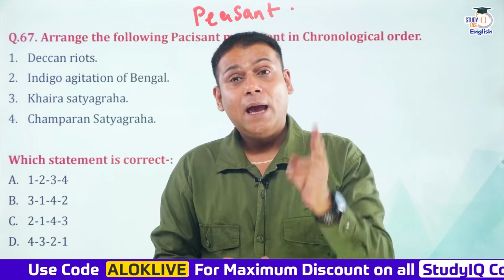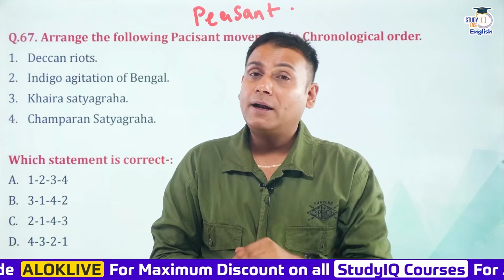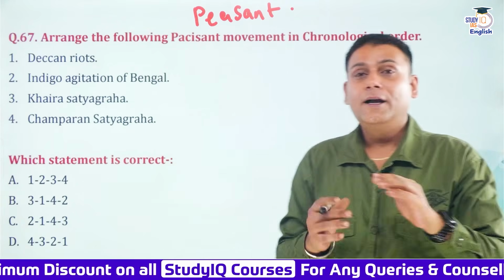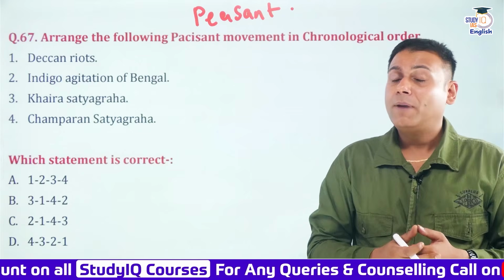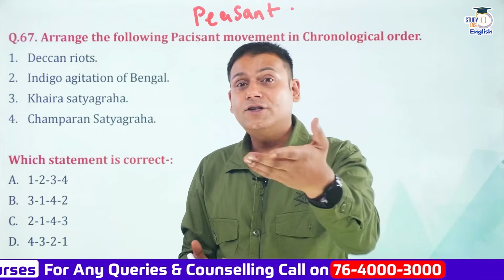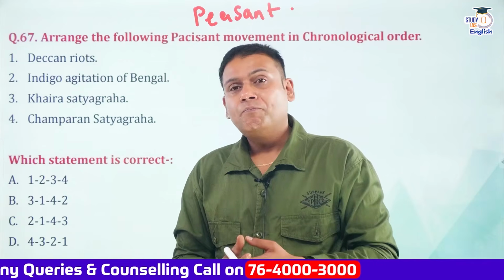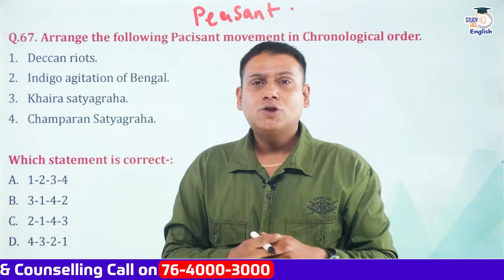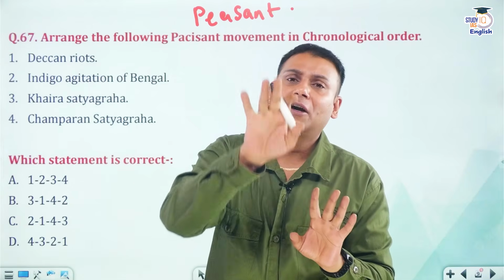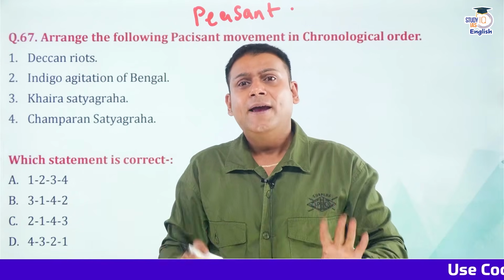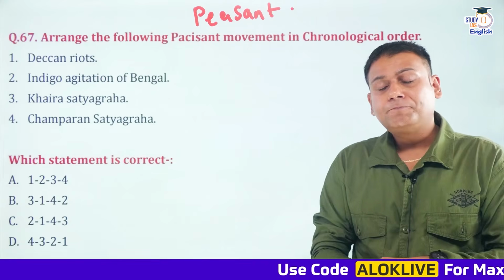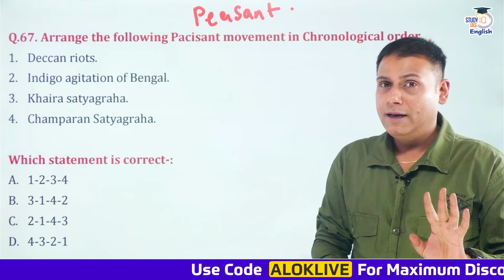Gandhi also later participated in Kheda Satyagraha, where the leadership was provided by Vallabhbhai Patel. He also participated in Bardoli Satyagraha, again with leadership provided by Vallabhbhai Patel. In very simple words, Kheda Satyagraha is after Champaran Satyagraha, because Champaran is considered the first Satyagraha of M.K. Gandhi in India.